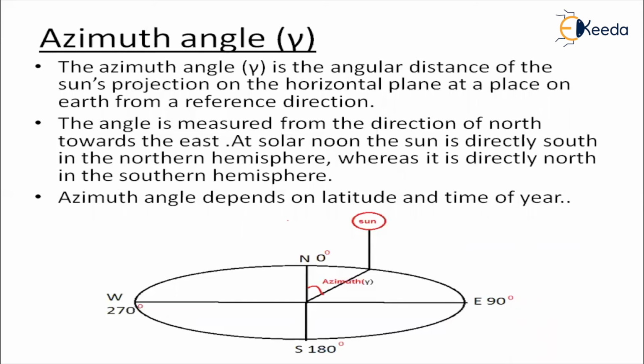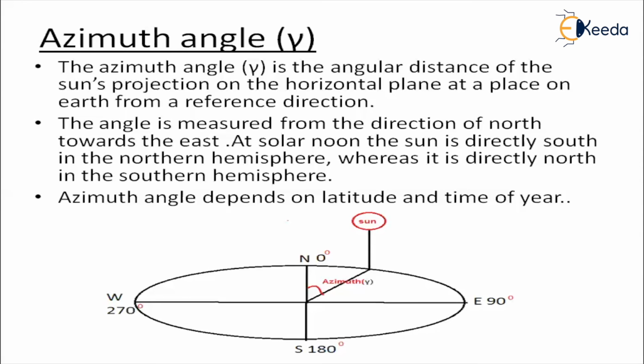We can see from the figure here that north is assumed as 0, east as 90 degrees, south 180 degrees, west 270 degrees. So the angle is measured from the north to the west. If one place is there, from the horizontal, what is the angle from the north? That is known as azimuth.